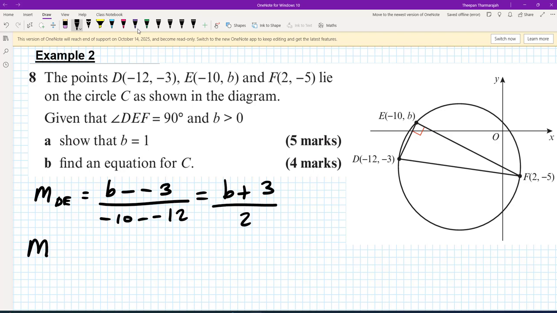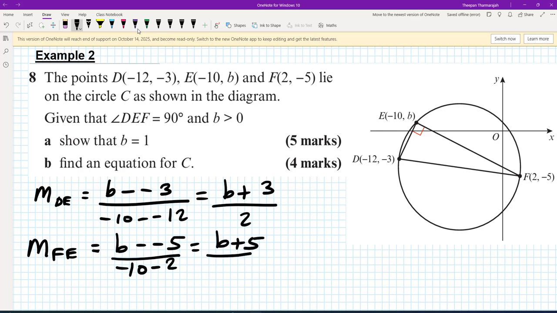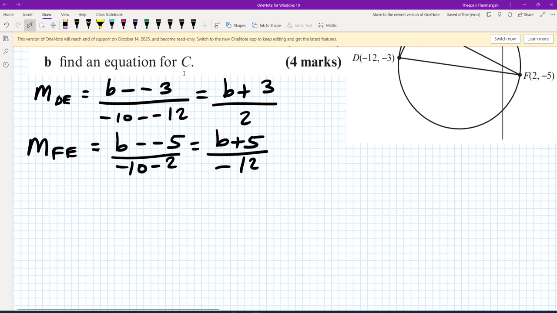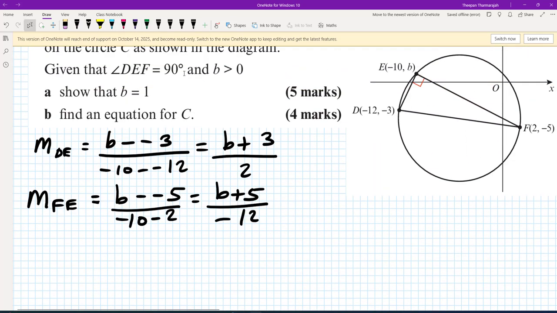Now we can do the same thing for the gradient of FE, which is (b minus 5) all over (-10 minus 2), which works out to be (b plus 5) over -12. Now, because they're perpendicular, that means the product must be equal to minus 1.